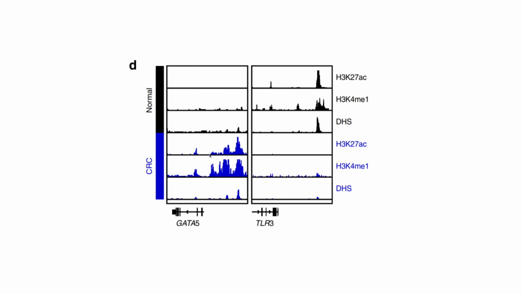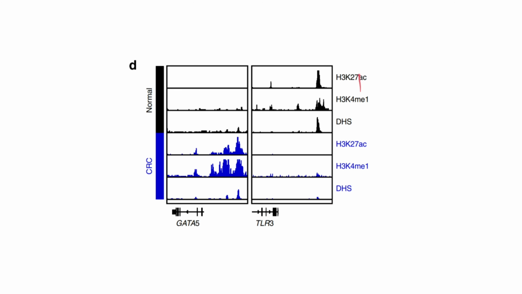For example, right here, we compare the normal and the colorectal cancer, in the region of two genes, TAT85 and TLR3. Here there are three tracks, three different types of proteins, different types of ChIP-seq. We can see a simple idea: between the normal and the colorectal cancer there is a difference on the same genomic region.